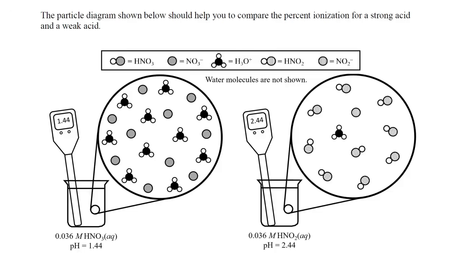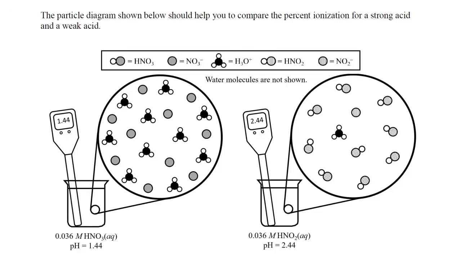So I'm going to go ahead and list off the particles that may be present in these particle diagrams. So from left to right, these are the possible particles that may be present. We have HNO3 molecules, followed by NO3 minus ions, and then we have the hydronium ion, H3O plus, and then HNO2 molecules, and then finally NO2 minus ions.